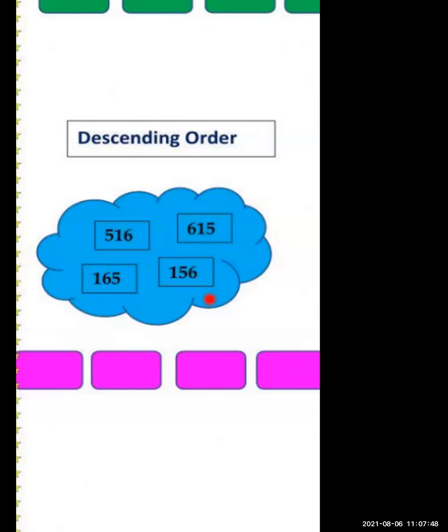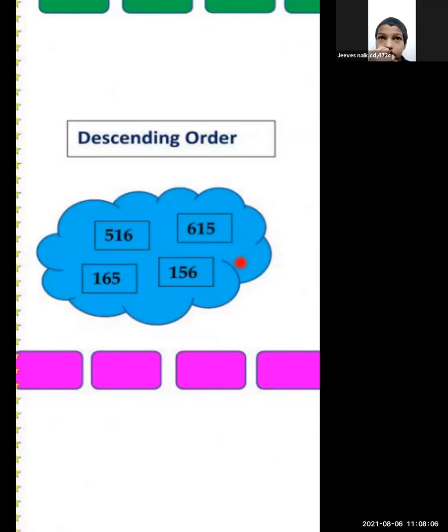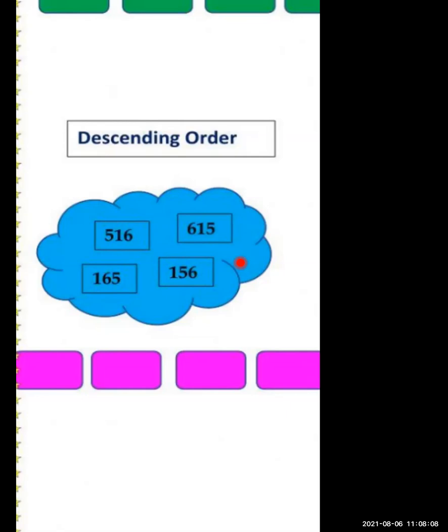156. So Jeevesh, in all the numbers, we have to find the number for arranging the descending order. For arranging descending order, we have to find out the big number or small number first. Big. Yes, Jeevesh? Big number. So can you tell me which is the big number in that?